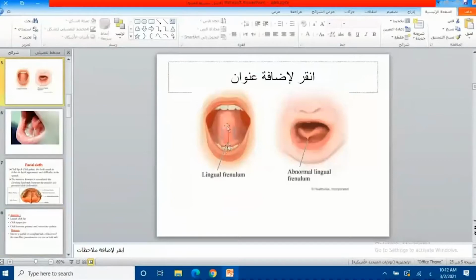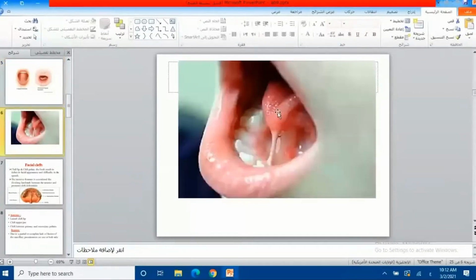This is the normal case. As you see, the abnormal lingual frenulum is extended to the tip of the tongue, anchoring the tongue to the floor of the mouth. So I think this is clear.